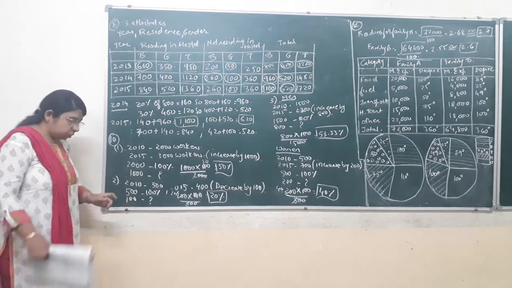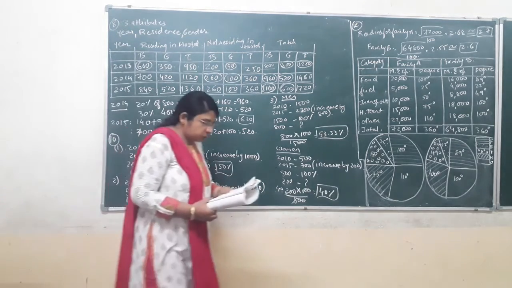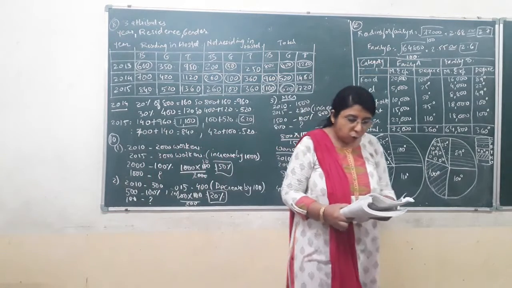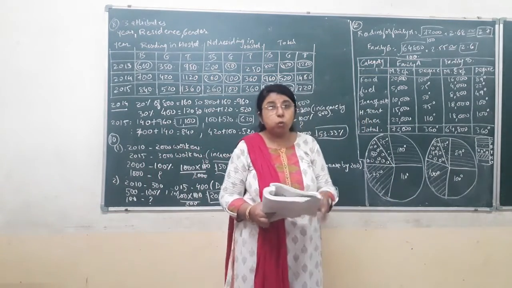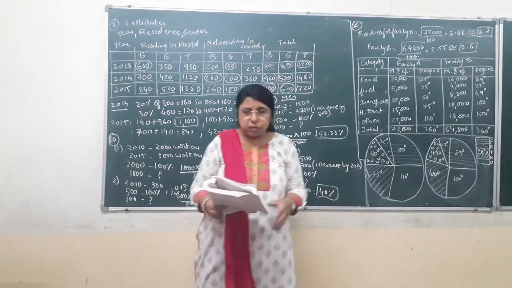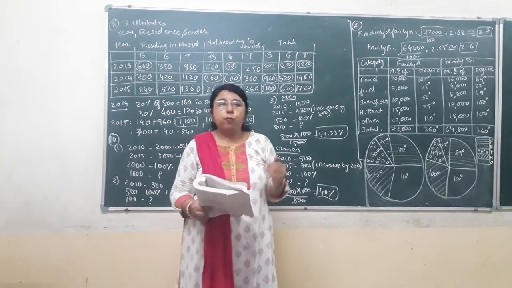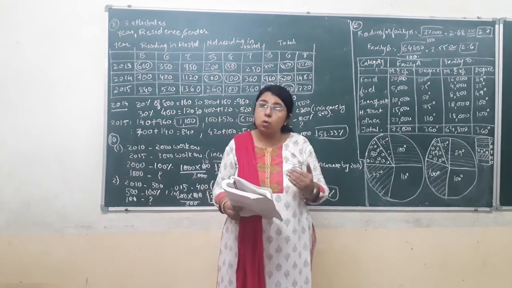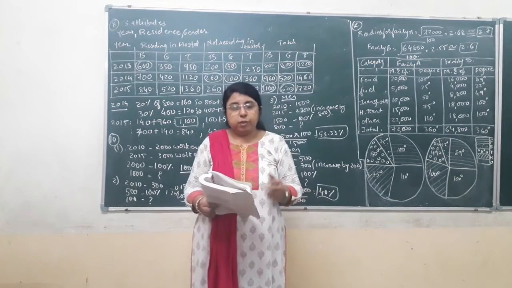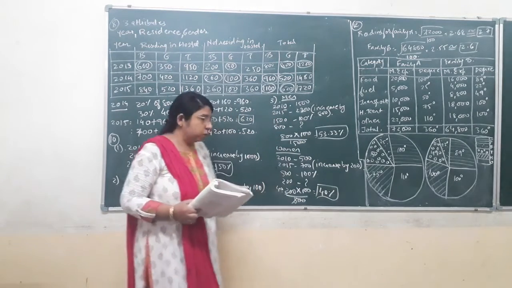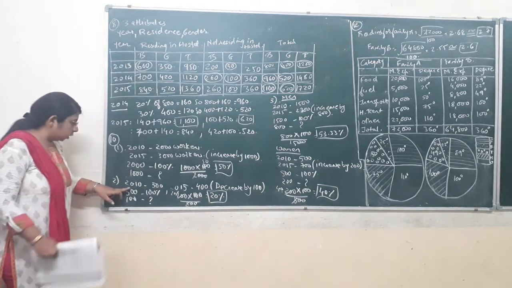Next question, that is the second question. Find the percentage decline in the number of non-local workers in the year 2015. In the same way, you are asked to find the decrease in non-local workers in percentage in the year 2015. Here I have written for the year 2010.